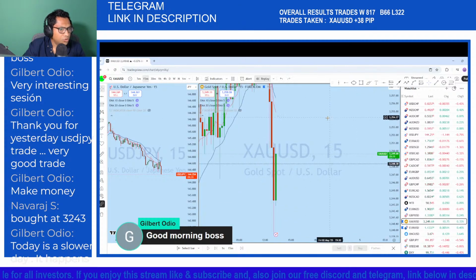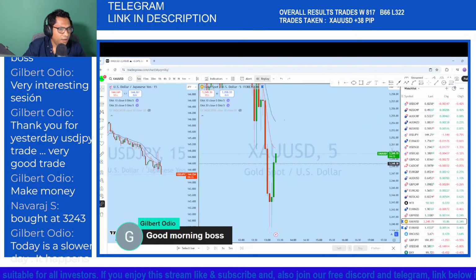Now for us to enter, this is the 15 minute price action.